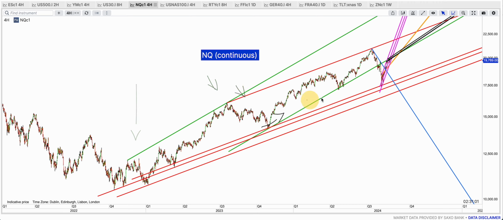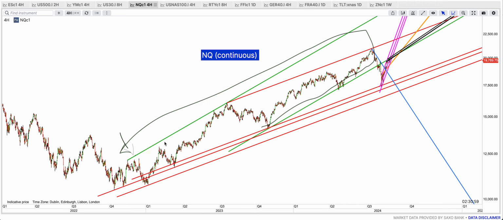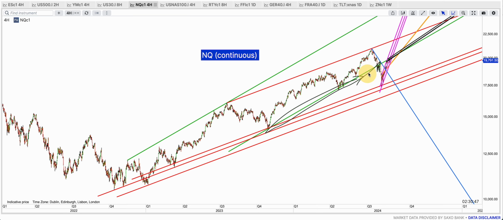Now, the green uptrend that has formed since the low of October 22 was broken recently in July. And we backtested that exactly like the ES chart that I just mentioned. We broke down, backtested it, it came down hard.